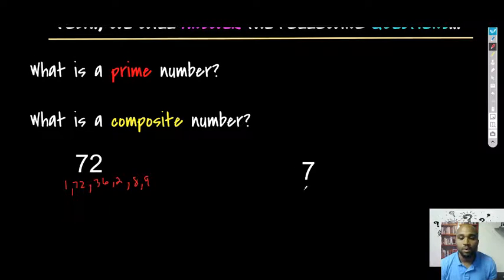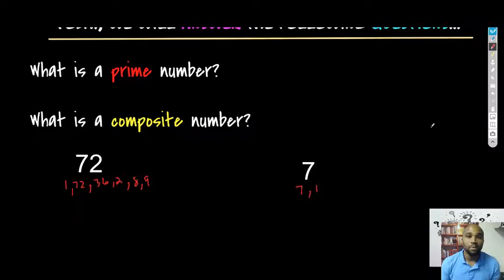But there are some numbers that only have two factors, themselves and 1, like 7. You can only think of two counting numbers to multiply that would give you a product of 7. Because of that, we're going to call 7 a prime number and 72 a composite number.